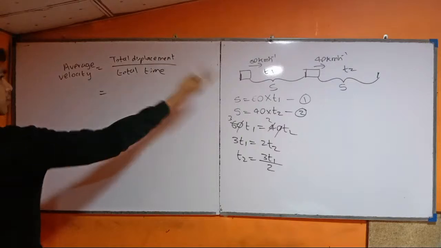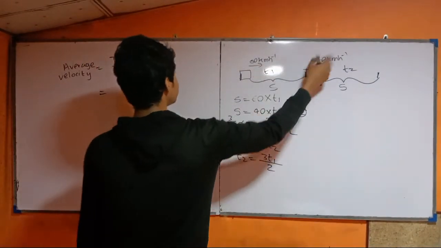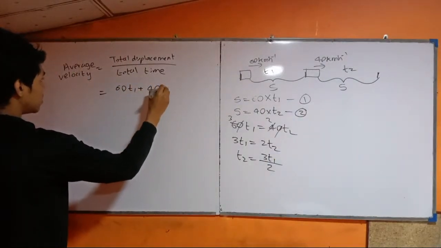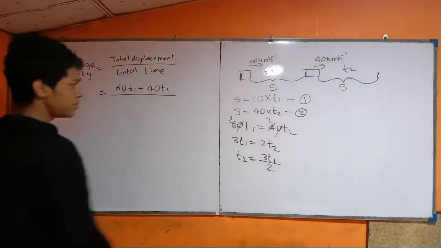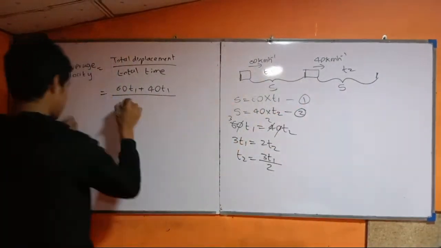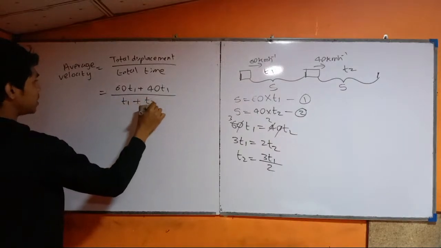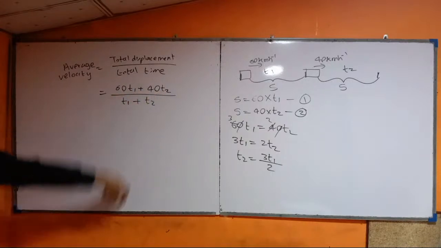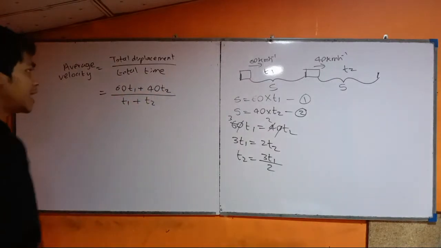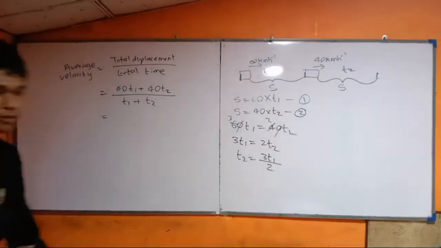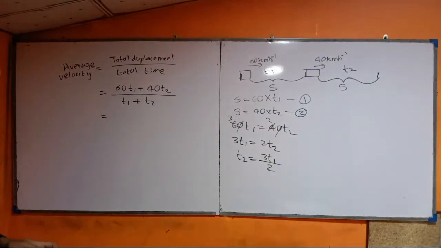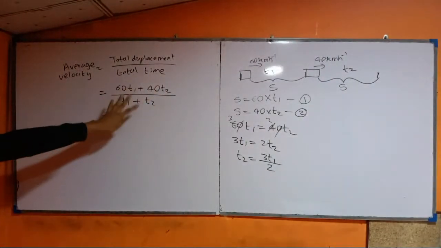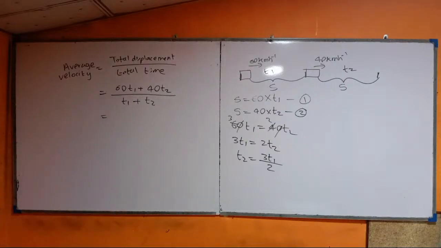So total displacement is 60 t1 plus 40 t2, divided by the total time t1 plus t2. Now you can't cancel t1 plus t2 with this one like that. It's not maths. If you do that, you need to go back to grade 10, or even grade 8. These kinds of mistakes are just mathematics, so don't make such stupid mistakes.